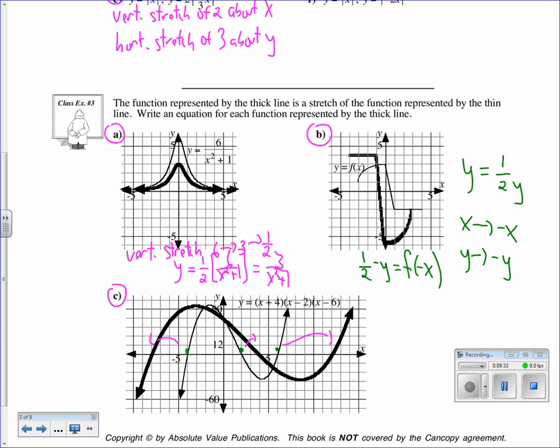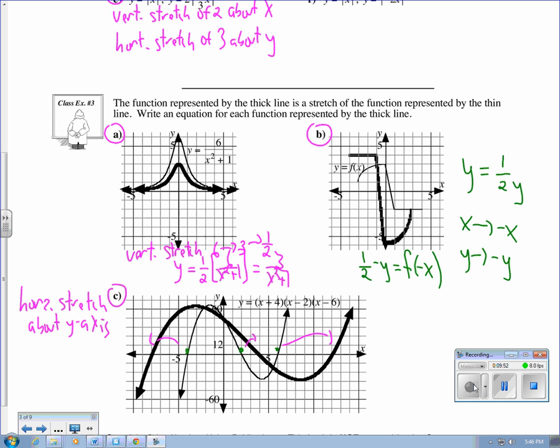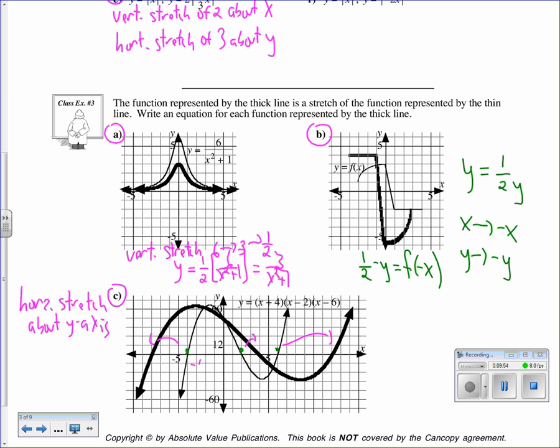Well, how do I figure out that horizontal stretch? So I've got a horizontal stretch, which is about the y-axis or relative to the y-axis. What happened to those points? Well, what I saw is that -4 here went to -8.